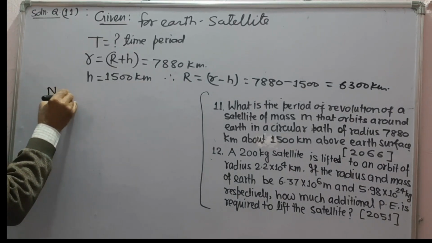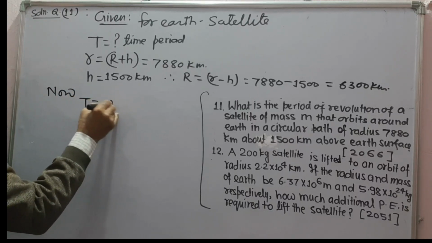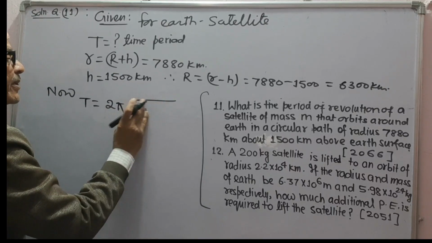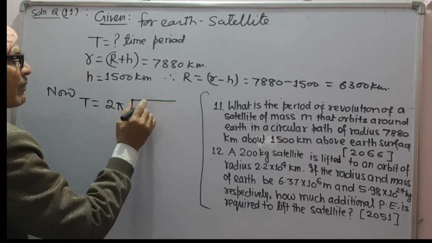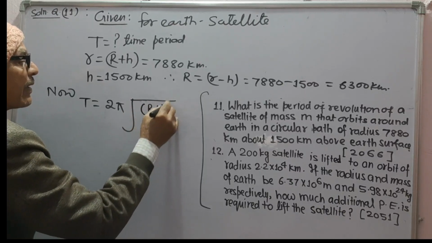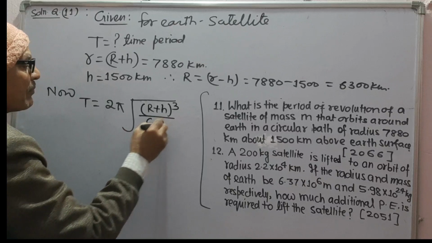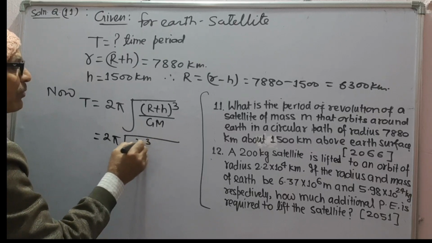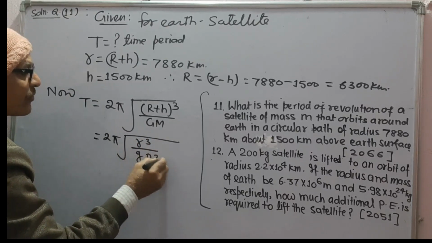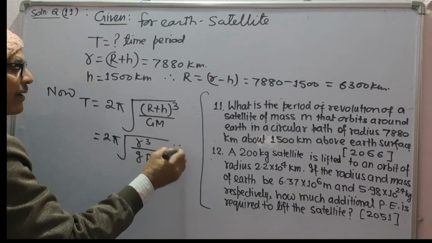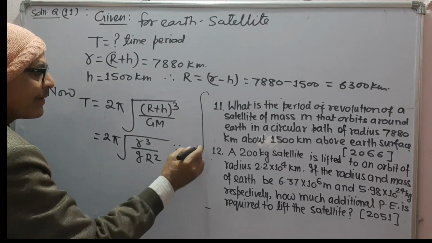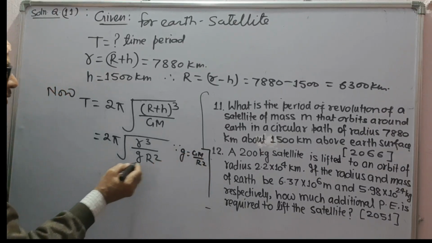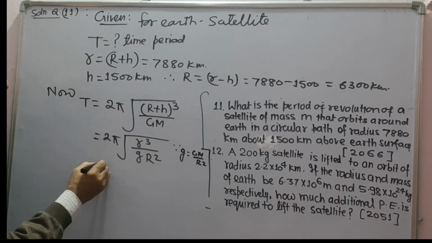Now, time period of satellite is given by 2π under root (R plus h) cube upon GM, which can be written as 2π under root r cube upon g R square, because small g is equal to GM upon R square. R can be taken out of under root.